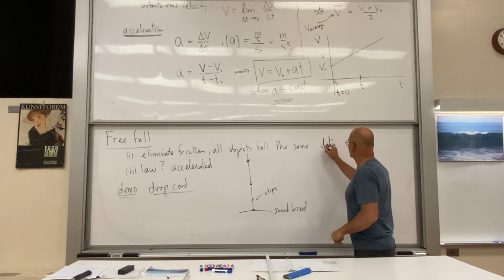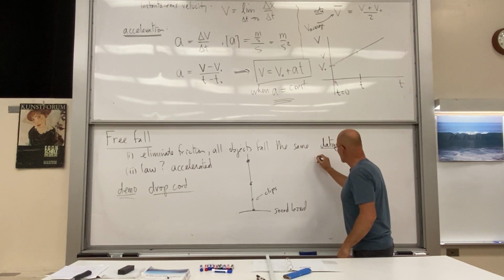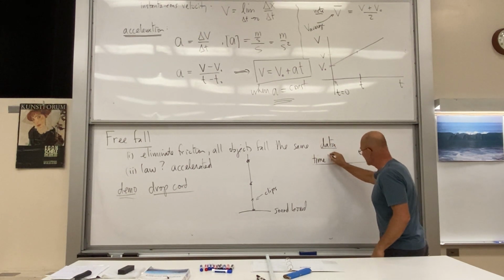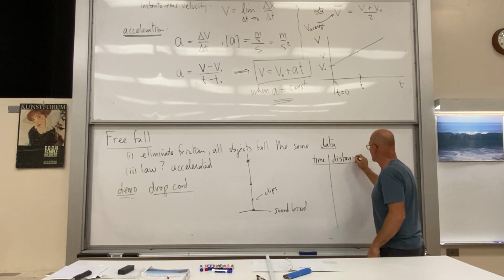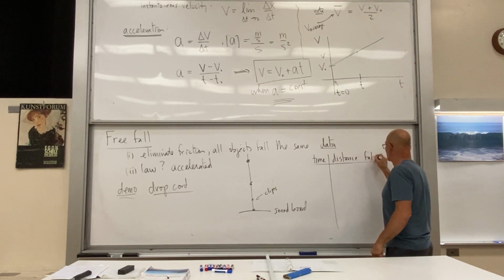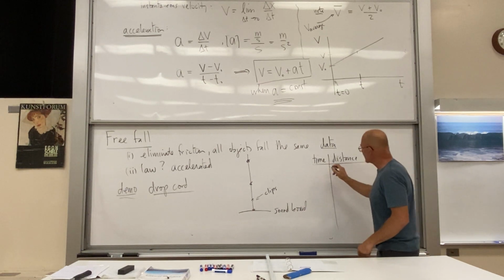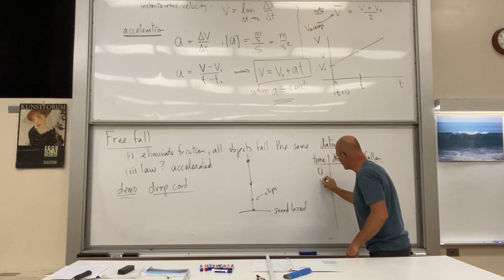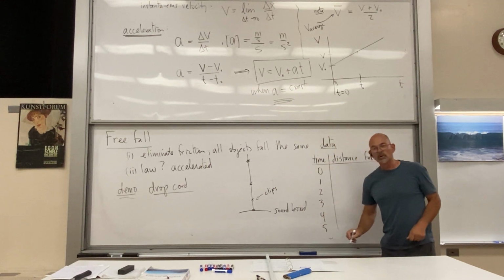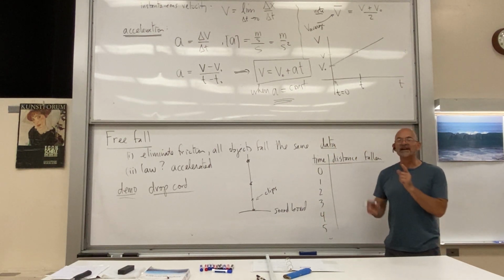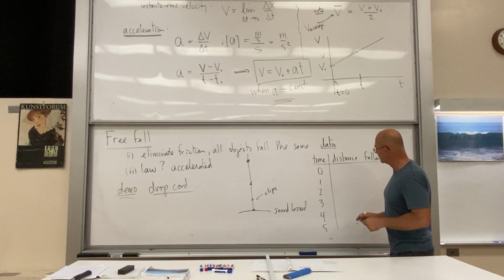We've done the data, and we have time, we have the distance fallen. And the time when I released it was 0, so we had 0, 1, 2, 3, 4, 5 units of time. The main thing is that they were even. That's what the rhythm told us.